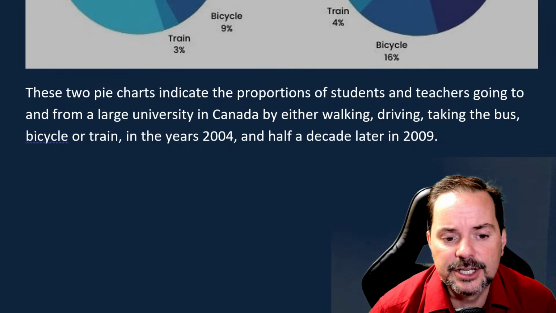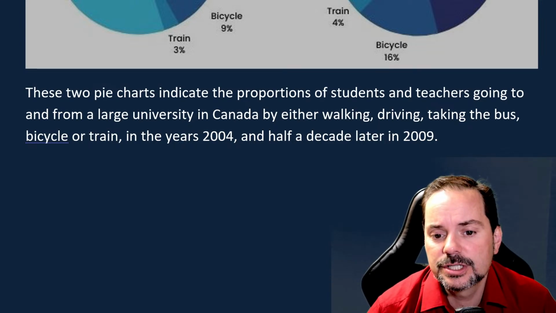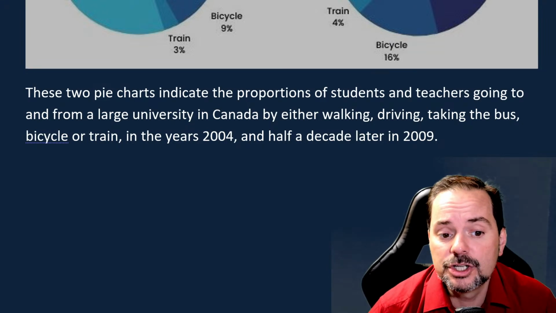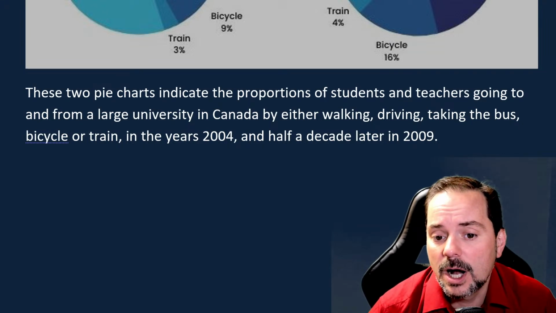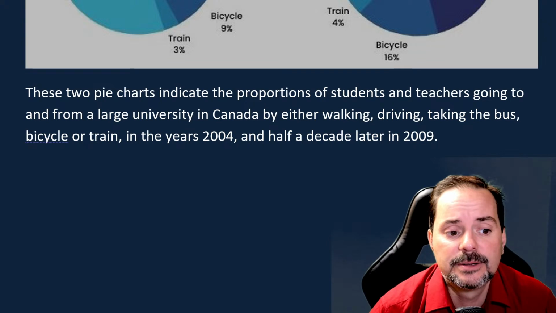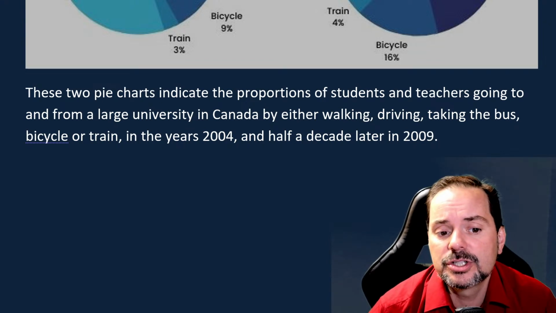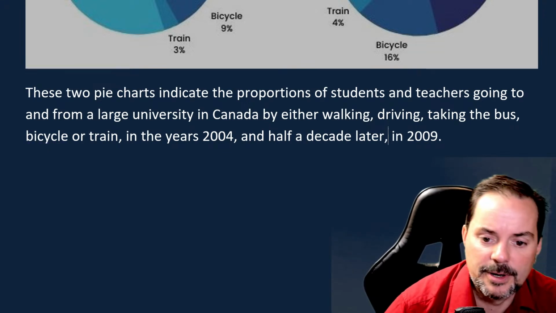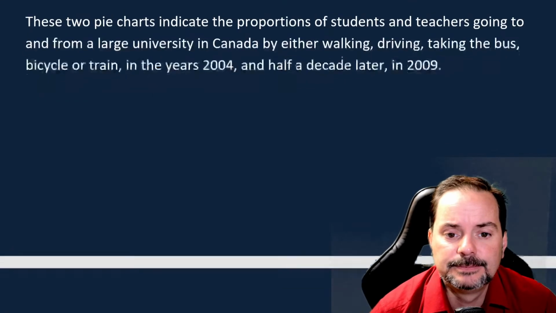These two pie charts indicate the proportions of students and teachers going to and from a large university in Canada by either walking, driving, taking the bus, bicycle, or train in the years 2004 and half a decade later, in 2009.